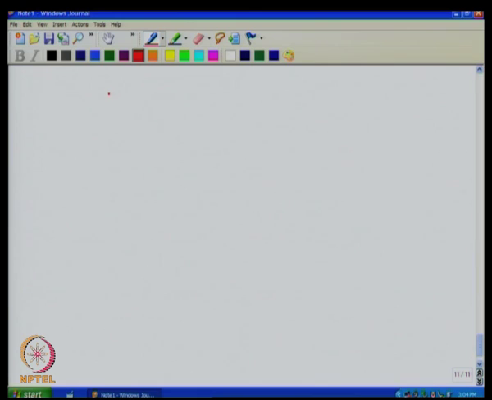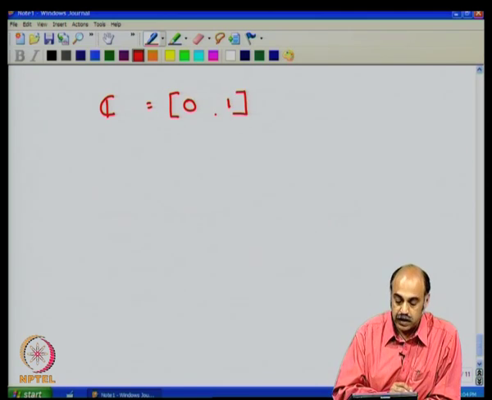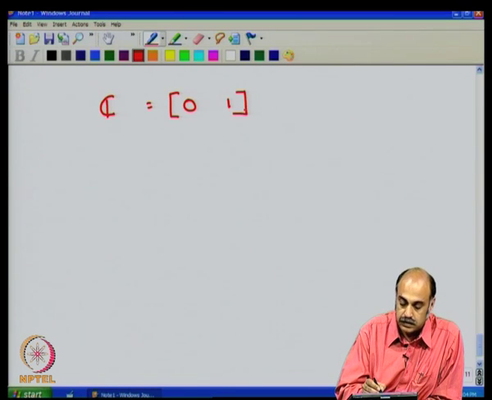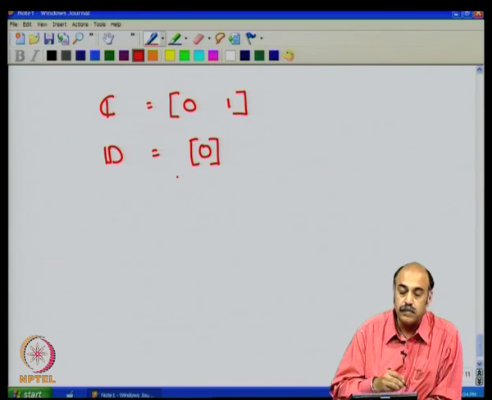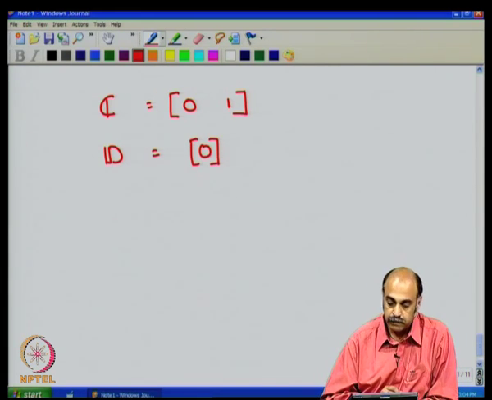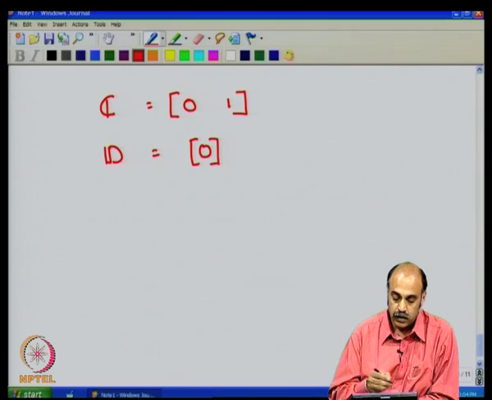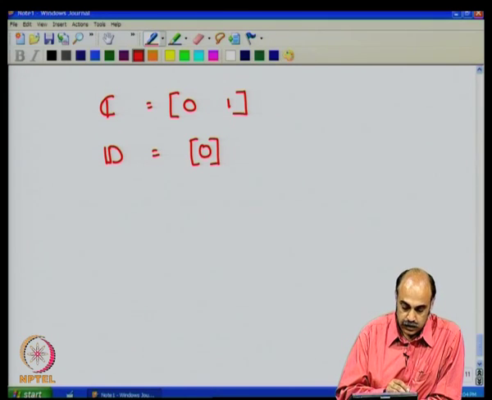Likewise, the C matrix does not show any change, it is the same, because this is the same matrix for both, and likewise the D matrix is also 0, it is the same for both the modes, mode 1 and mode 2, and therefore, you will not see a change in that one.